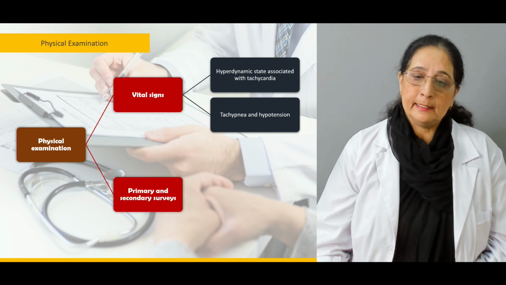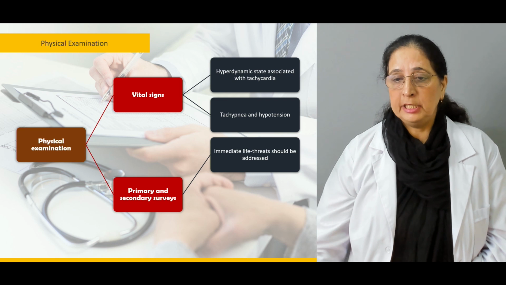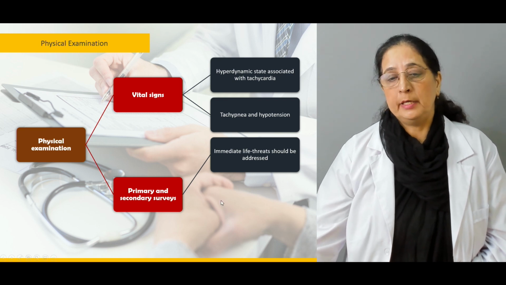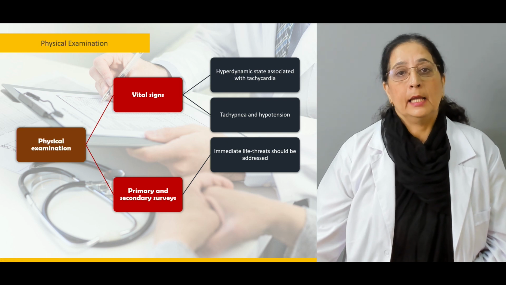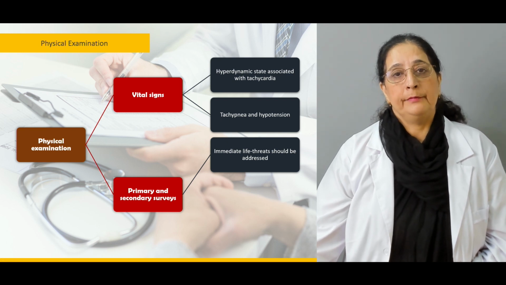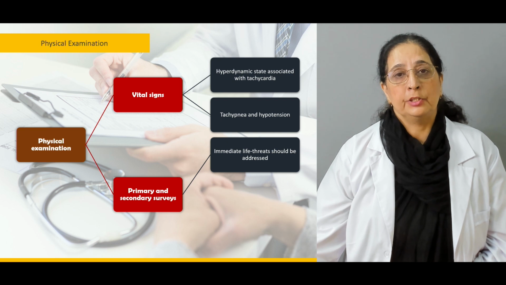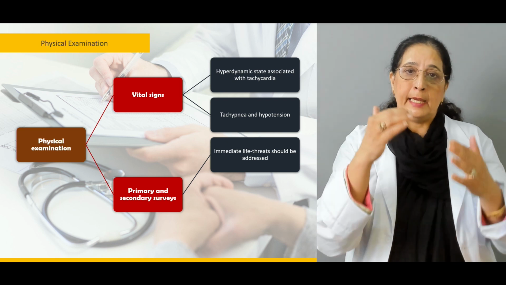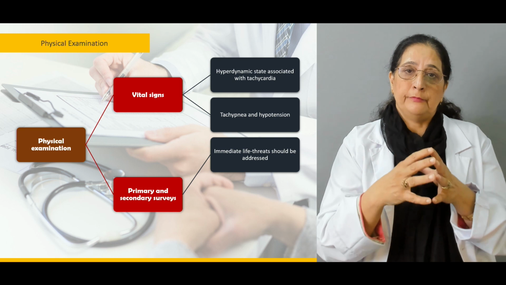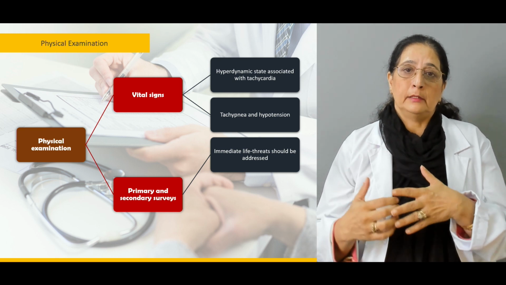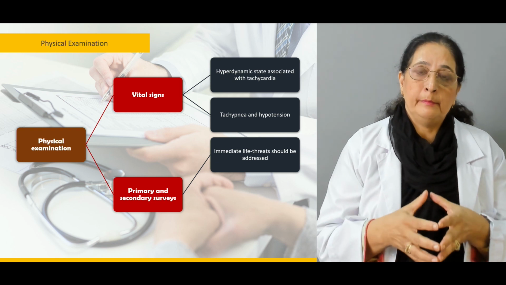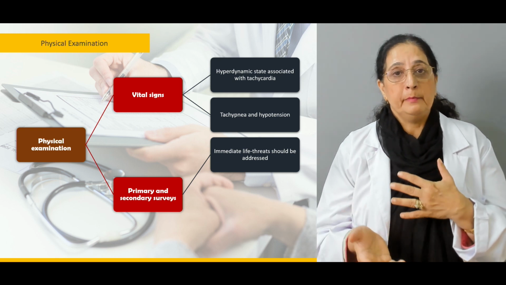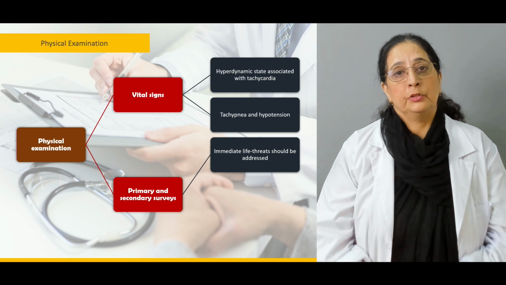Primary and secondary surveys: immediate life threats should be addressed. So it's important that life-threatening conditions should be managed first, like ABCs. We should first give airway, breathing, circulation. If there is any problem, airway should be managed, breathing should be managed, and circulation should be managed.